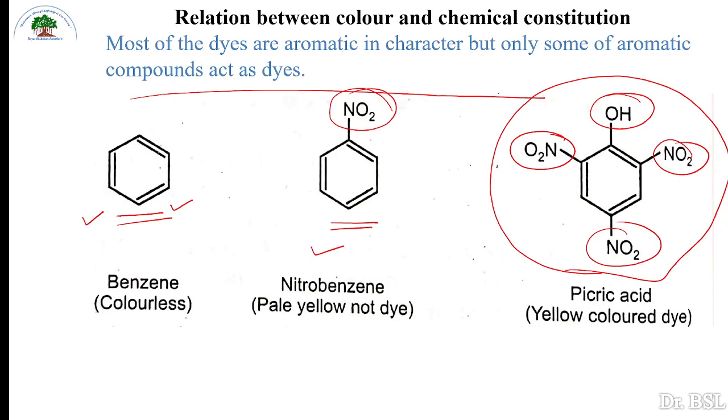So something is there, the factor which brings color to the compound, and apparently we can think that introduction of NO2 may be responsible for imparting color to this picric acid. So let us see what is the actual reason.